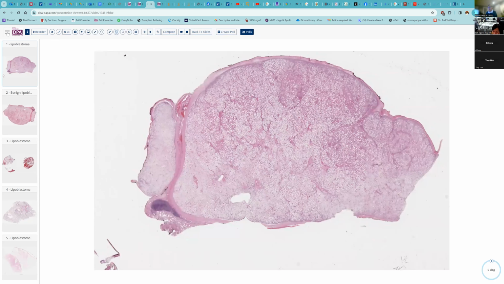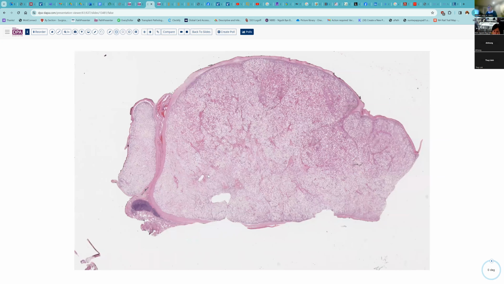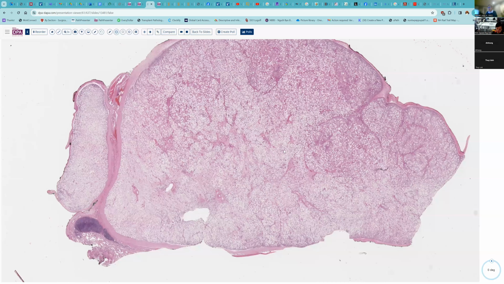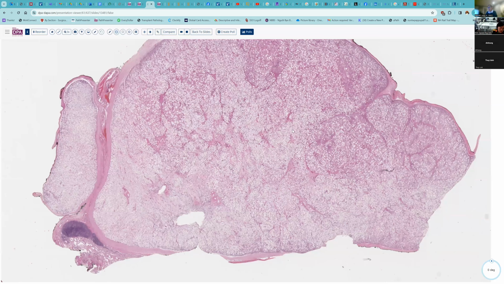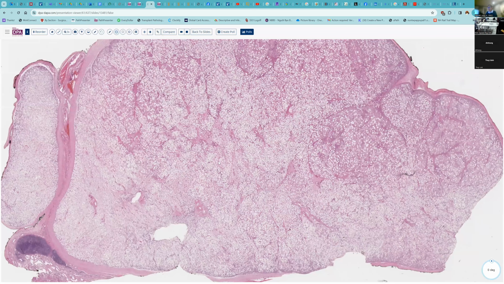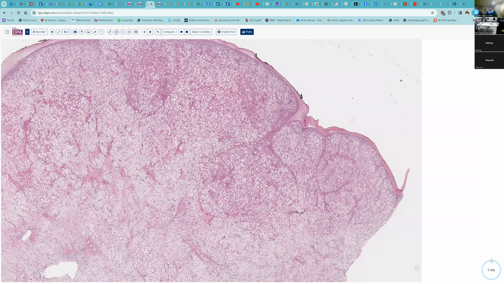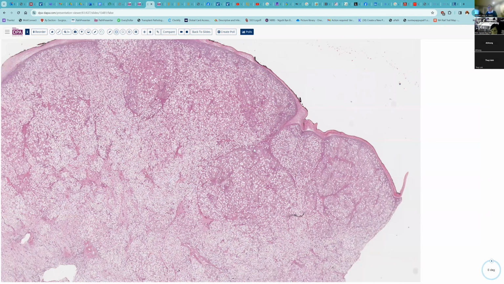So this is an example of a lipoblastoma, which is a benign fatty tumor that can occur in the subcutis or sometimes in deeper structures.